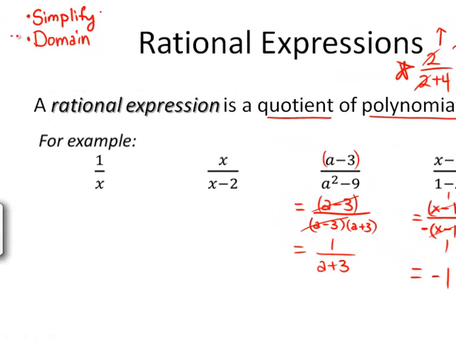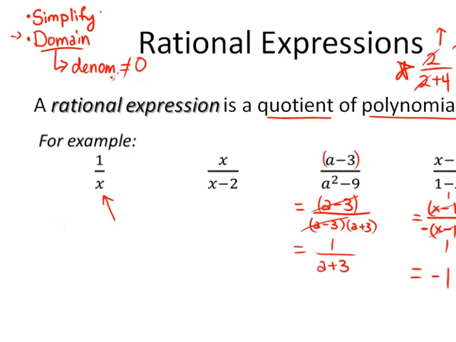Now, for the second point, stating the restrictions. What possible problems could we have with x here? Well, remember that we have problems with our domain when the denominator is 0. Therefore, our denominator cannot equal 0.